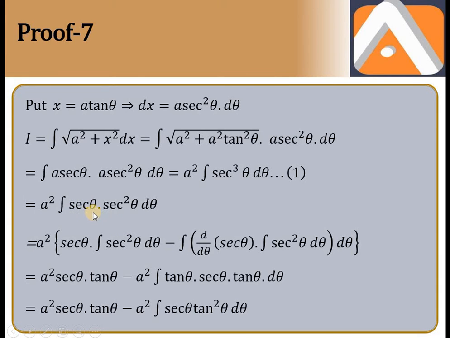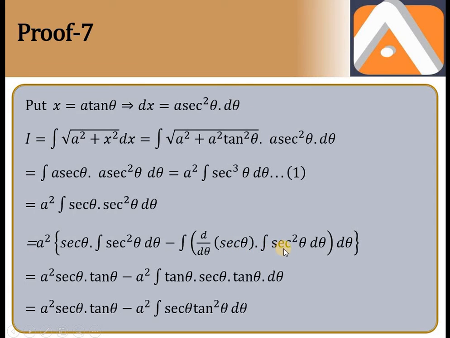So now see, the uv formula is u into integration of v minus integration of du by d theta into integration of v. Now integration of secant square theta is tan theta. Now I am multiplying with this a square, and the differentiation of sec theta is sec theta into tan theta.